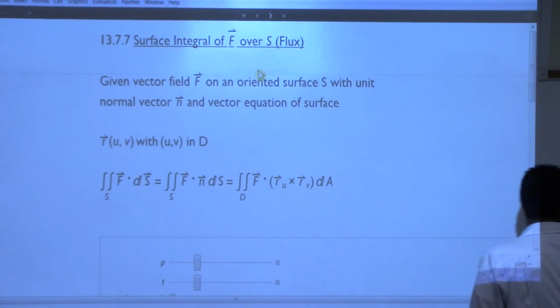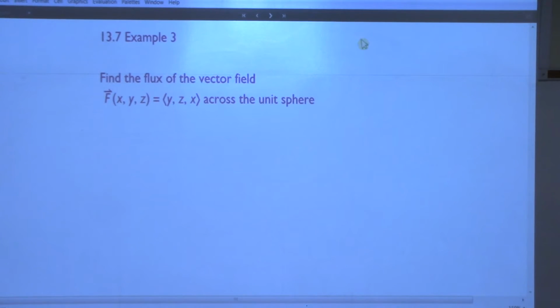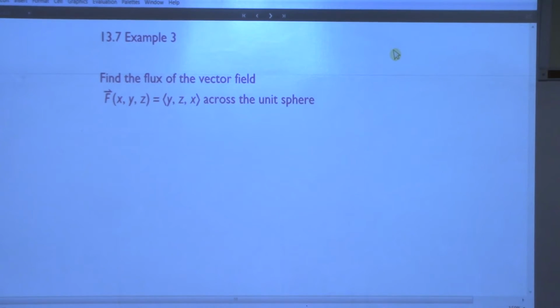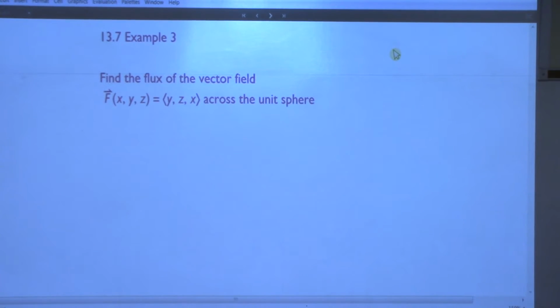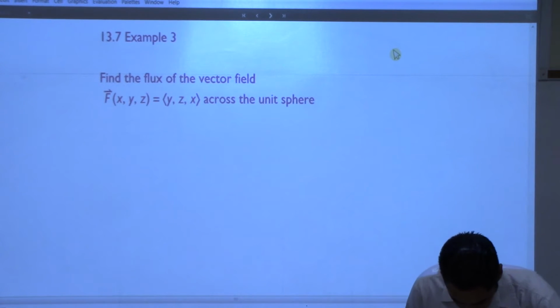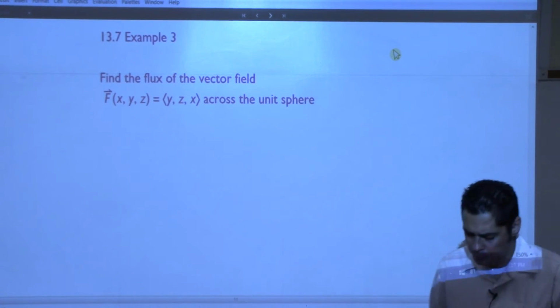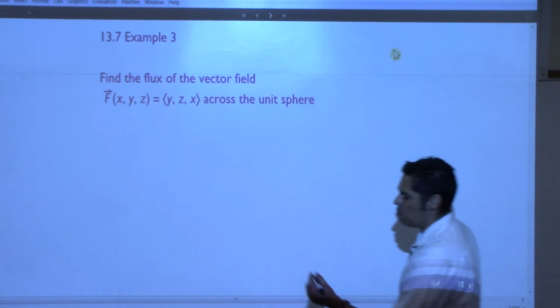All right, let's see if we can do one of these. Find the flux of the vector field F(x, y, z) = <y, z, x> across the unit sphere. So they want flux, right?